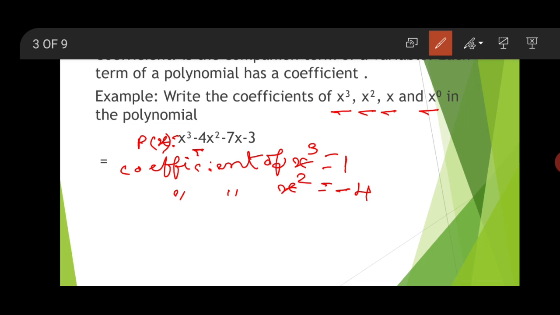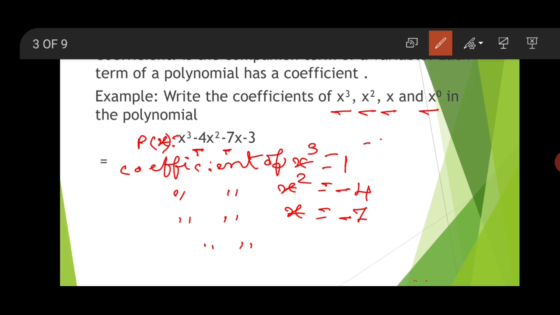Again, what is the coefficient of x? The coefficient of x is, again, it is combined with what? Yes, minus 7. Similarly, what is the coefficient of x power 0? Have you seen x power 0 here? No, but we can write minus 3 as what?